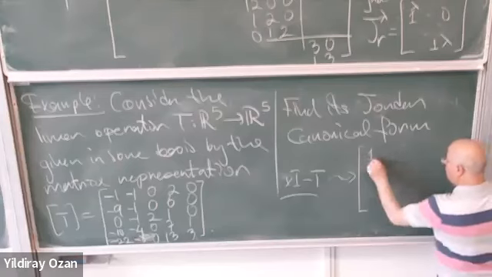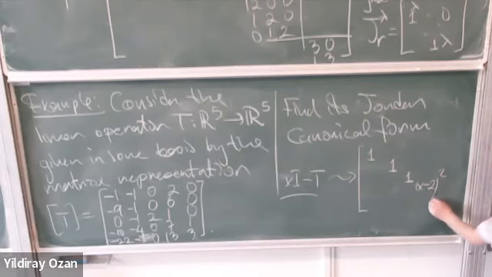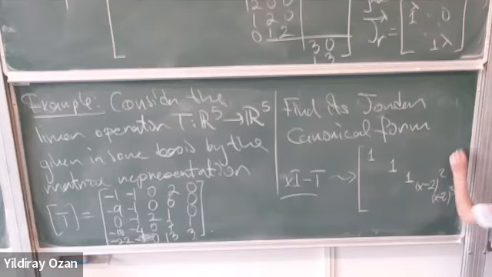Okay. 1, 1, 1, and then x minus 2 squared and x minus 2 cubed. So these are our invariant factors.